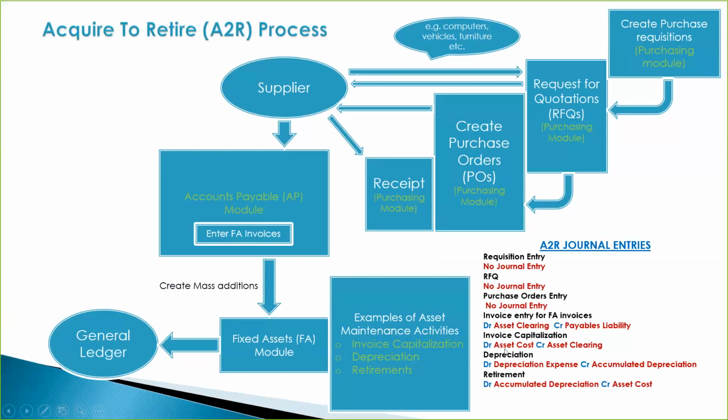Remember, when you're doing the invoice capitalization, you debit asset cost and then you credit asset clearing. So when you're retiring the asset, you debit accumulated depreciation and then credit asset cost. Okay, so that's pretty much how the acquire to retire process works, and I'll see you in my next class. Thank you so much.